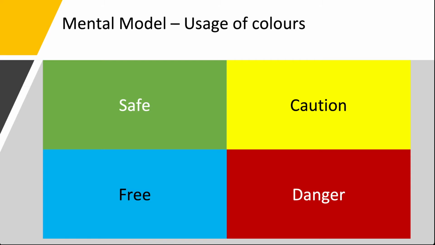Other things we also know is that it's also about color choices. For example, if you have green color, you expect it to be the right answer. For example, on Cosmology, if you get the question correct, you will see green color. If you get the question wrong, you see pink or red here, which means you're in danger. Yellow is caution, and blue is free. Free here I think means freedom in that sense.